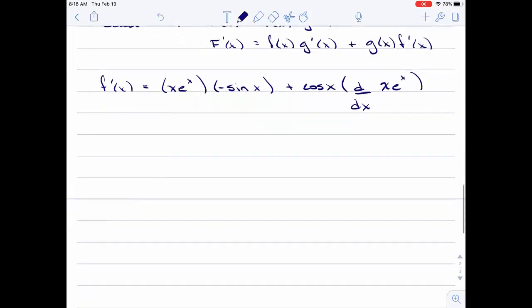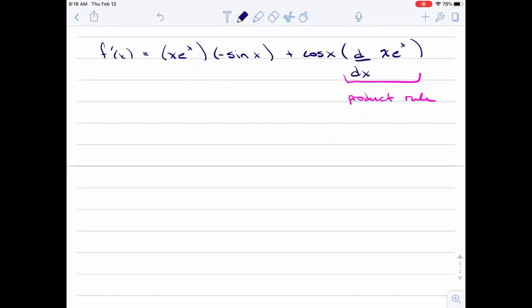And now, just keeping an eye on this, this is another product rule that we have to use. So writing out what we've got, I've got x e to the x times negative sine x.